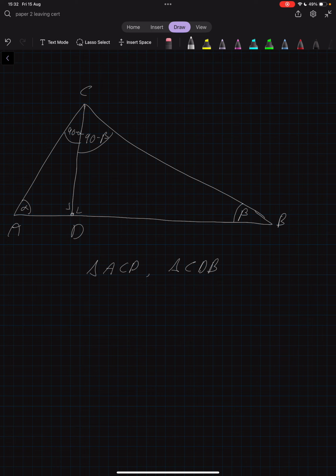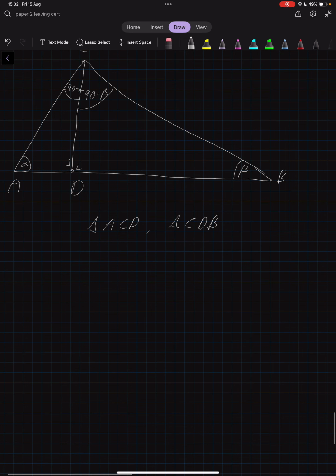Now the next thing, I can look at the big triangle and say, well, this angle plus the top two have to be 180. So alpha plus, okay, no, that doesn't help me. Sorry. Sure, is similar. So they both have the angle. That's fine.